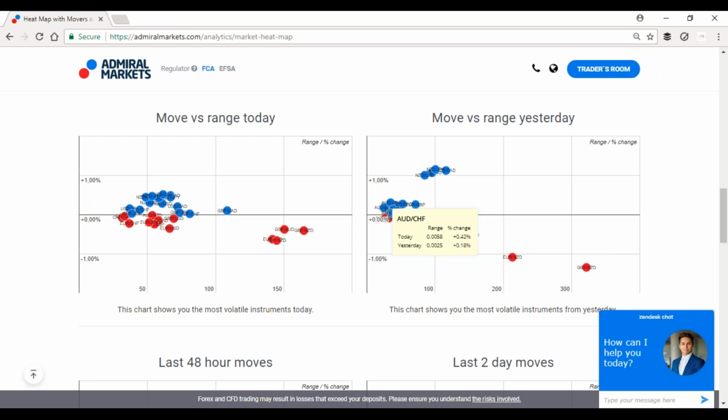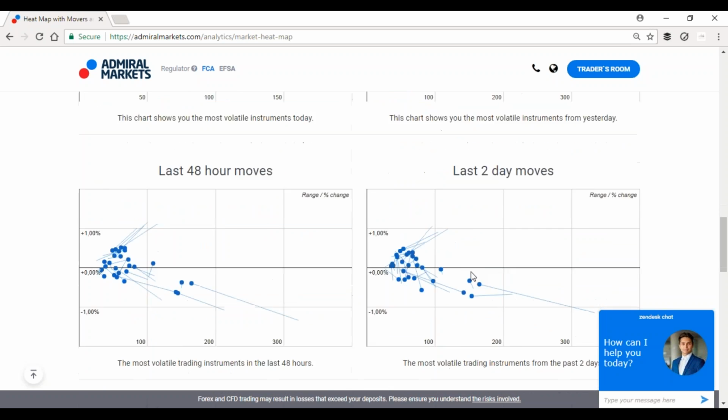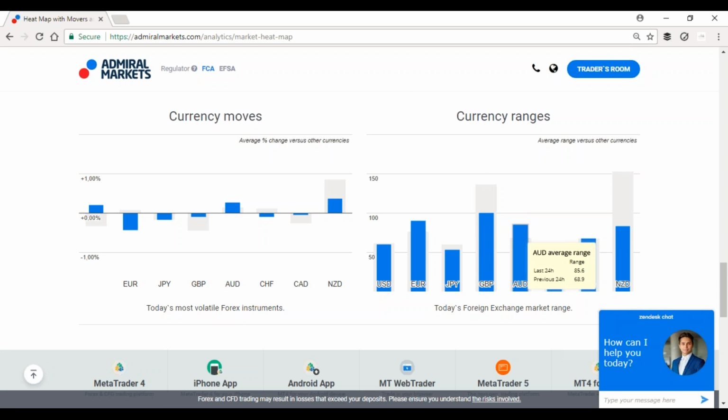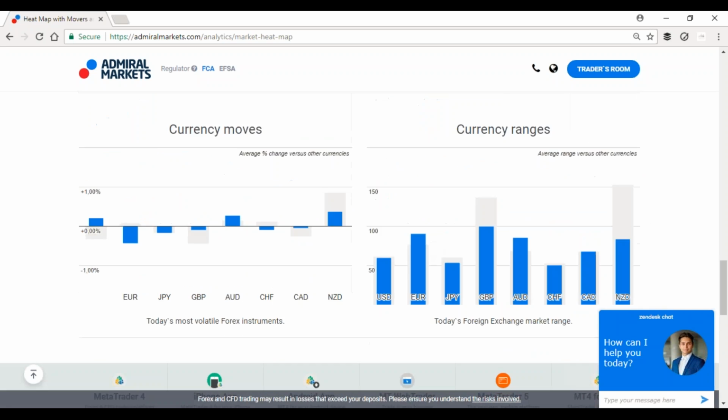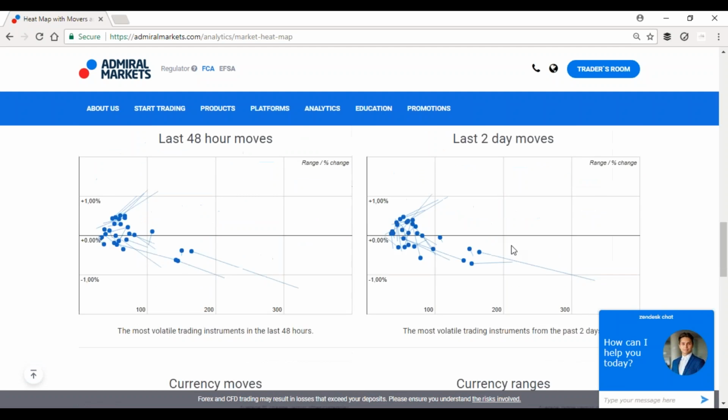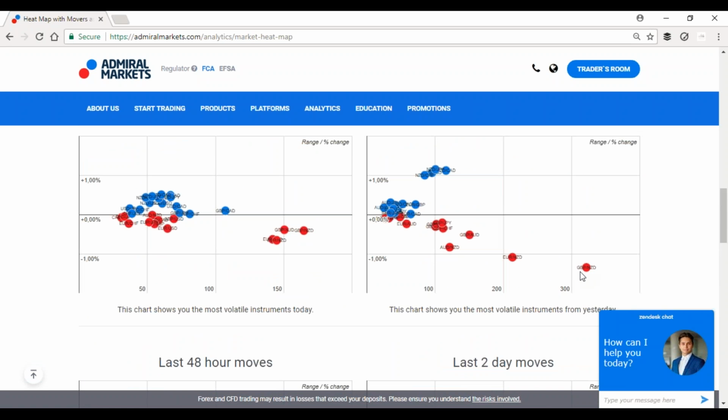There was not much movement in most of the currency pairs, but there's a couple, New Zealand and Aussie, that were probably moving the most, as you can see. And we'll scroll lower, and you can see that New Zealand was in the top three. Pound still first, though, but that's because probably Pound and Euro New Zealand were bigger movers, so they contribute to the euro and pound equation too.